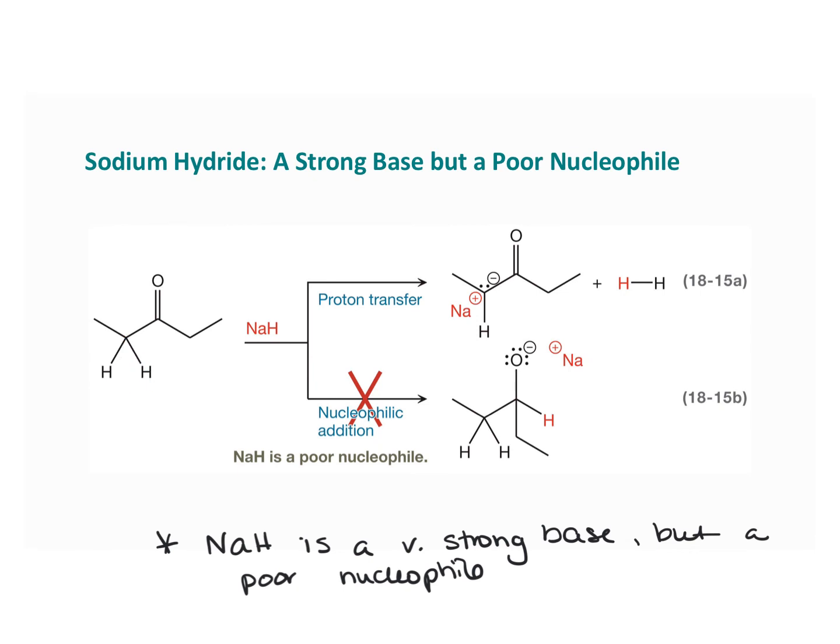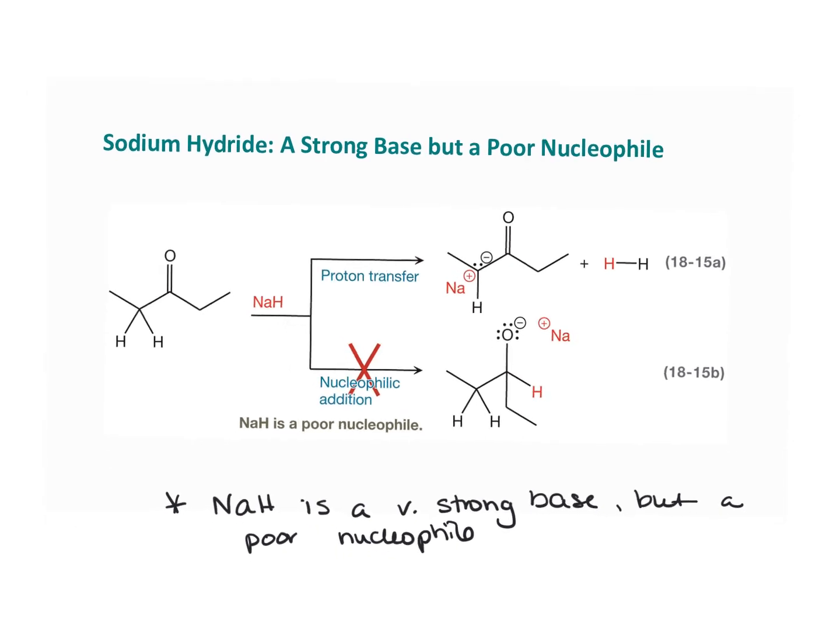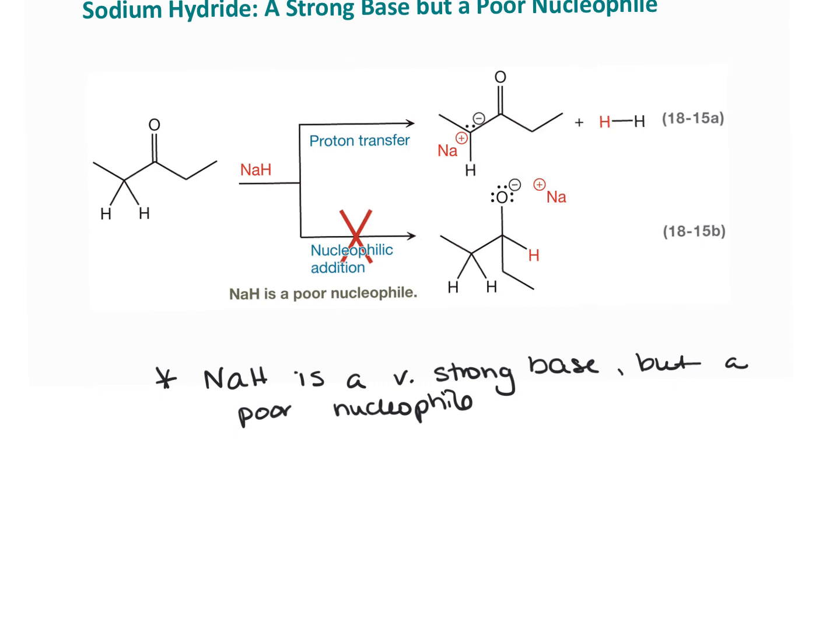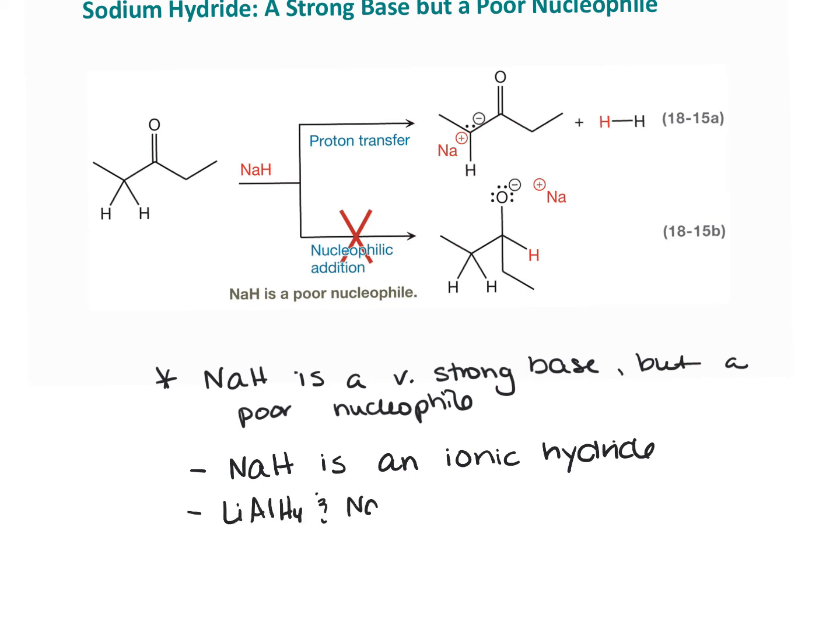Sodium hydride behaves differently because it is an ionic hydride. Lithium aluminum hydride and sodium borohydride are covalent hydrides.